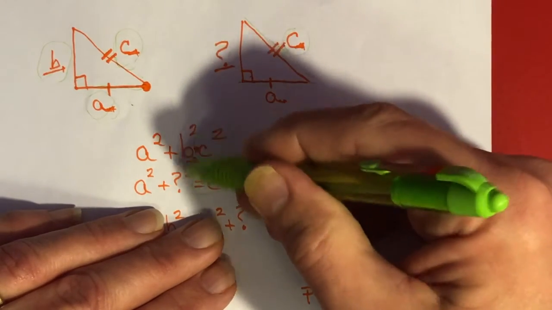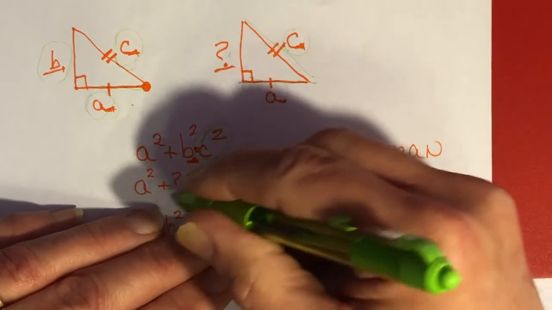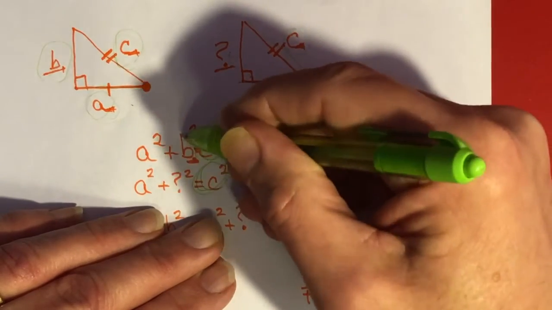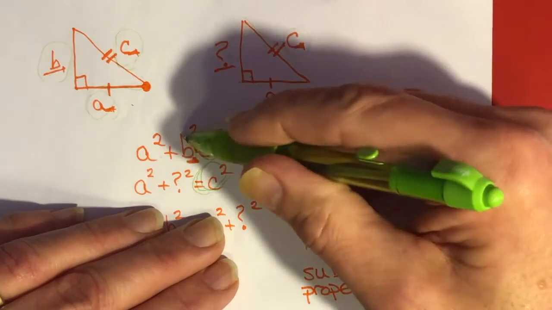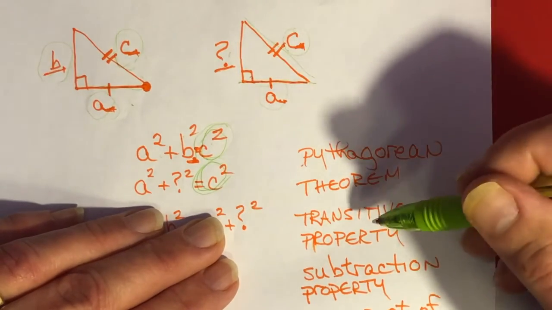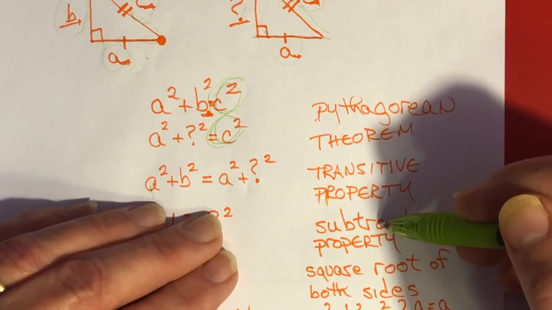And now, if I have these two equations, I have this equal to c squared and I have this equal to c squared, it means these two things have to be equal to each other. Because if two things are equal to the same thing, they're equal to each other. That's called the transitive property. You'll notice I sort of wrote it out like a proof here.